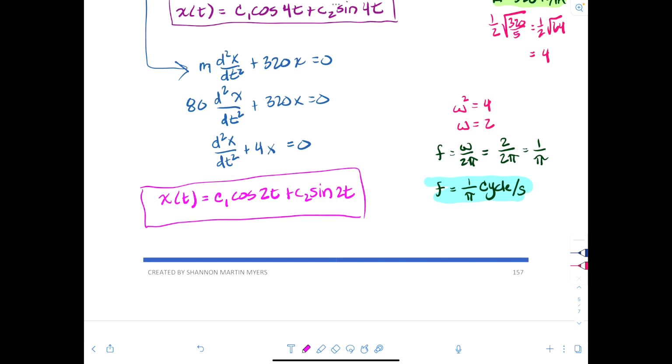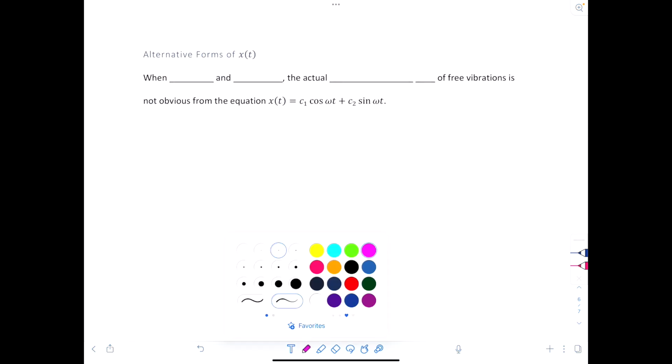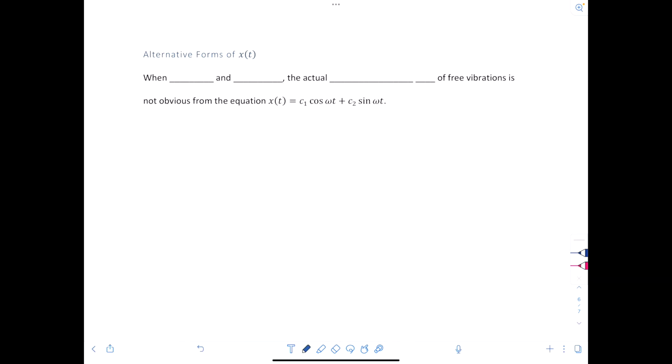All right, so now let's take a look at alternative forms. These can be a lot easier to work with. So when C1 is non-zero and C2 is not 0, the actual amplitude A of free vibrations is not obvious from the equation x at t equals C1 cosine omega t plus C2 sine omega t.